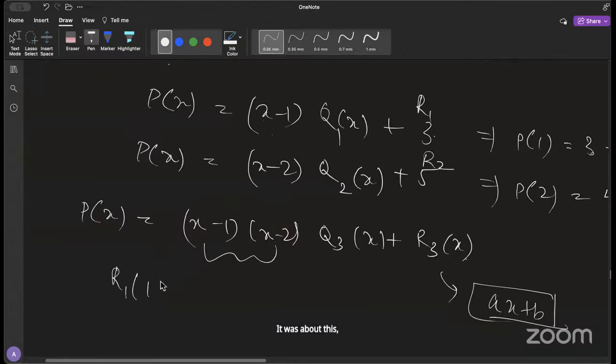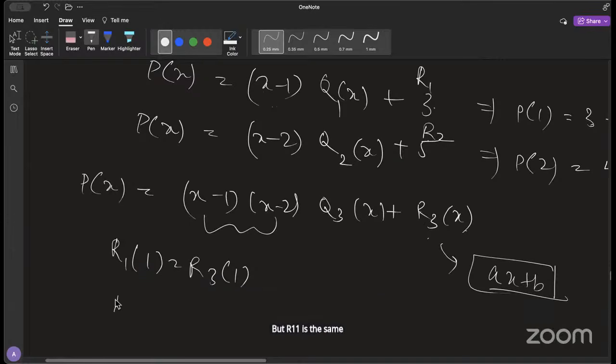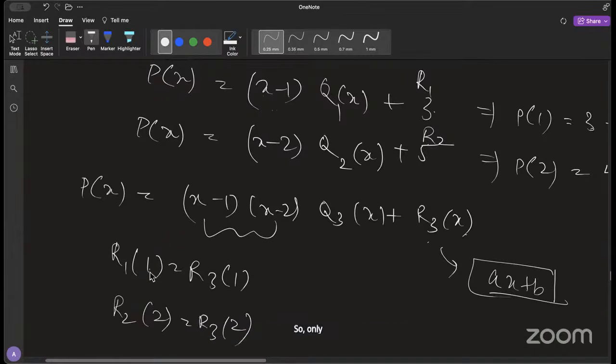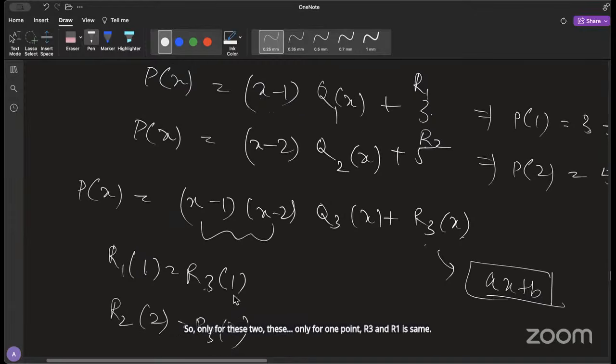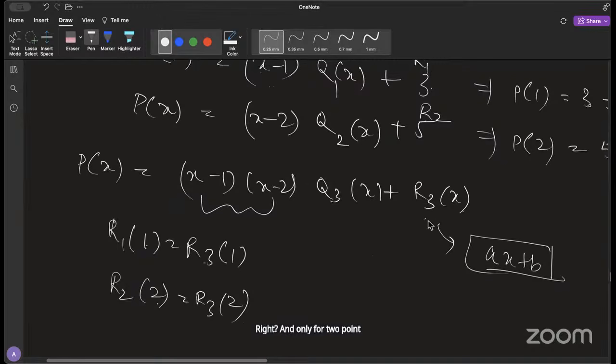Why R1(1) is equal to R3(1). These two are different polynomials, right? But R1(1) is the same as R3(1), and similarly R2(2) is the same as R3(2). So only for one point R3 and R1 are the same, right? And only for 2, R2 and R3 are the same.